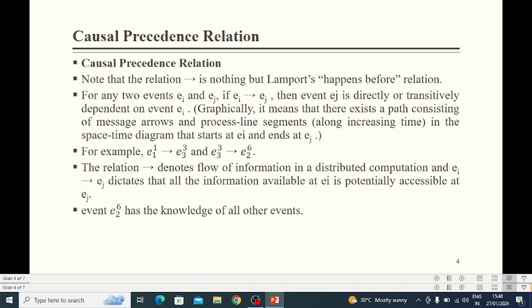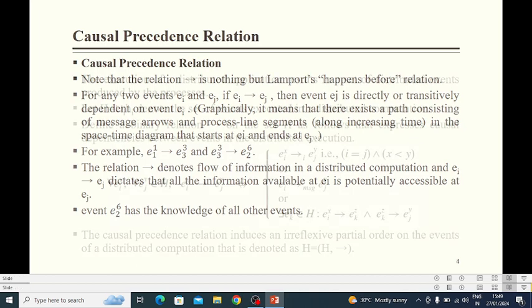For example, we have E11 happens before E33. From the diagram, E11 happens before E33. That is, the first event of the first process is happening before the third event of the third process. Let's check whether this is true or not.